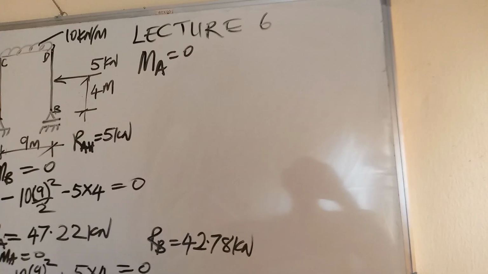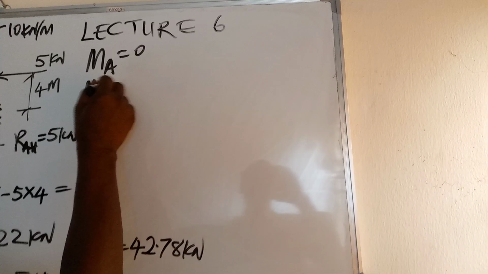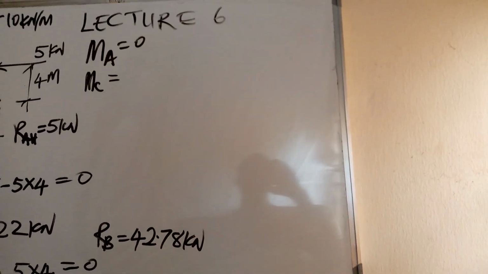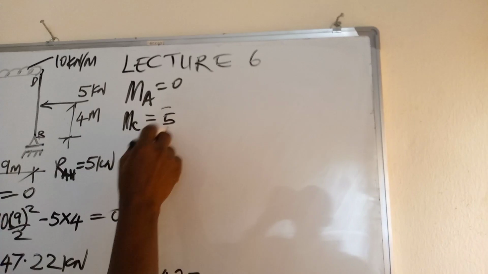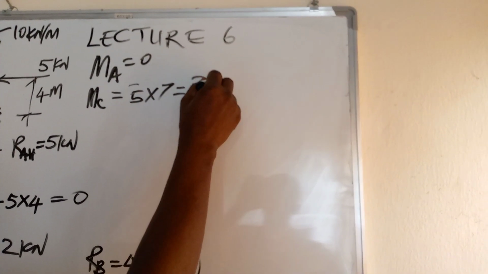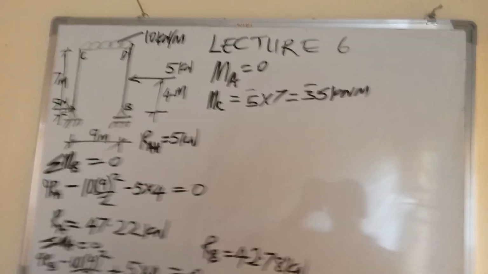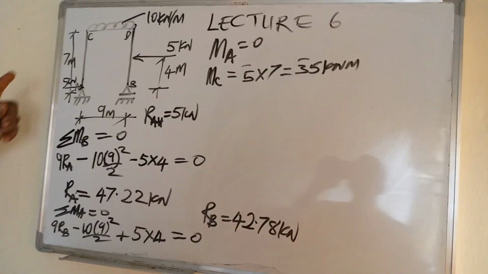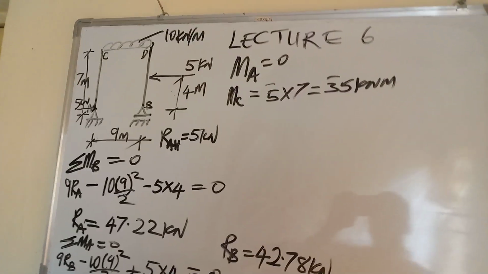Then M at C is equal to minus 5 times 7. This is minus 35 kilonewton meter. That's the moment at point C. Moment at point C is minus 35 kilonewton meter.